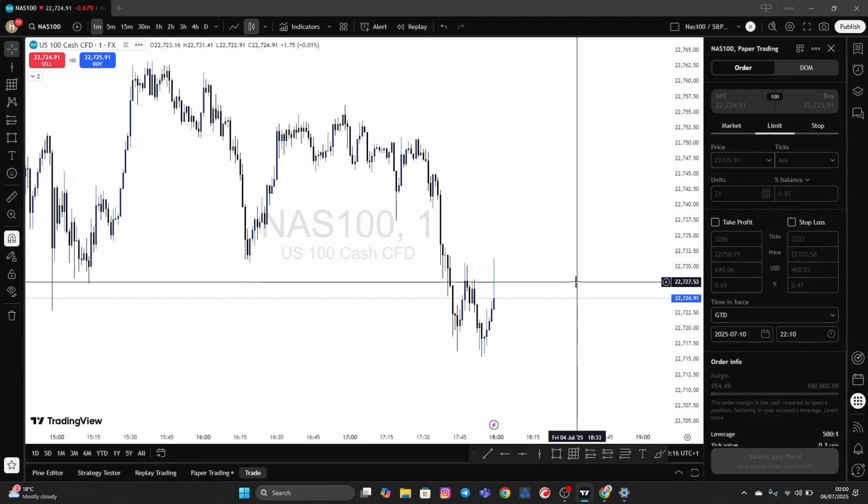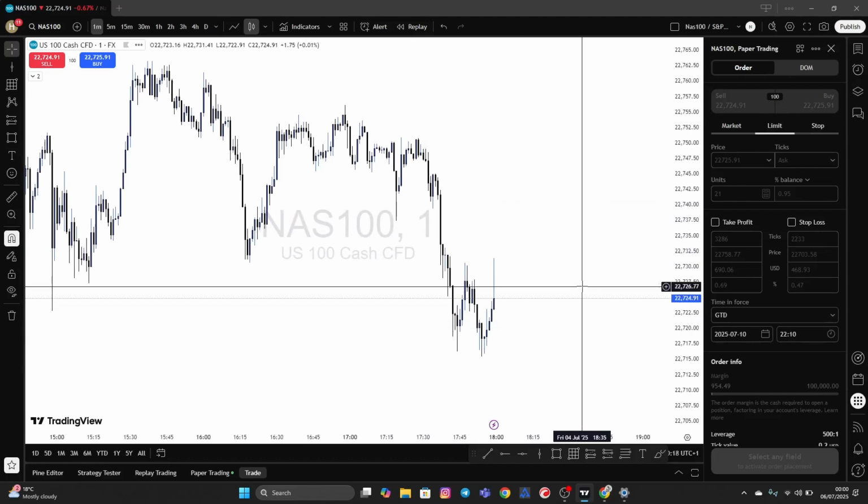So why not do it? And the reason I want to do this is so I can get used to it, and for my back testing is exactly like this. So why not back test and live trade the exact same way? So there's no difference. There's no calculating stuff, if that makes sense.